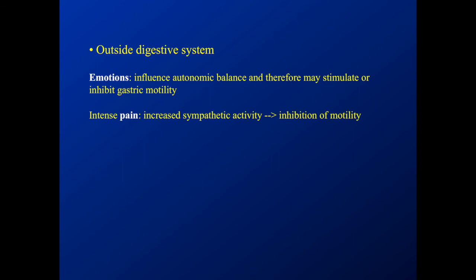Outside the digestive system, your emotions can alter gastric emptying, or may even stimulate it. And intense pain increases sympathetic activity, and this will result in the inhibition of motility.